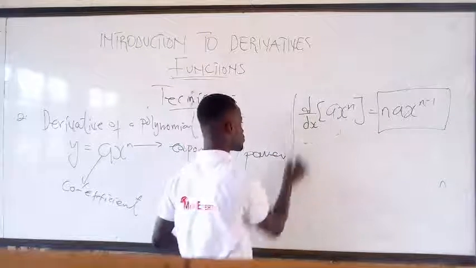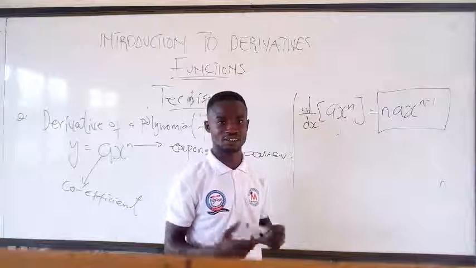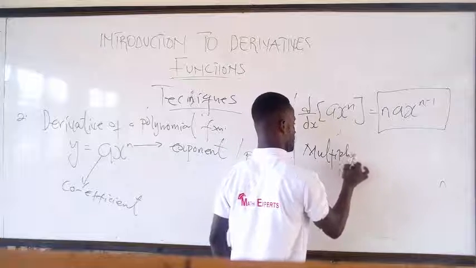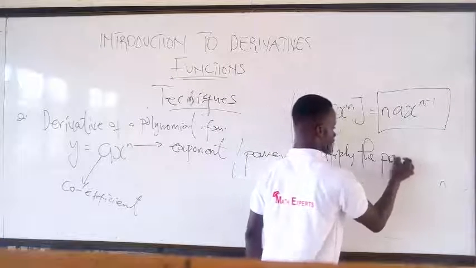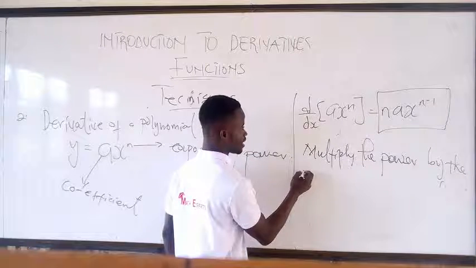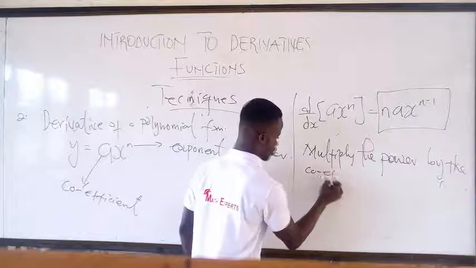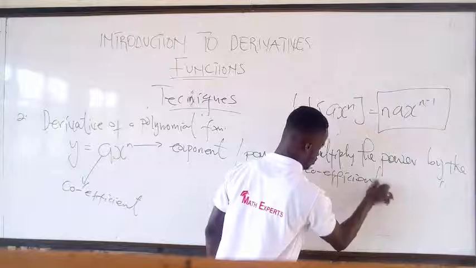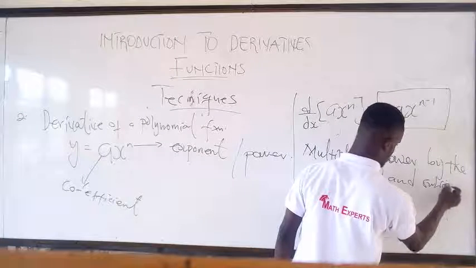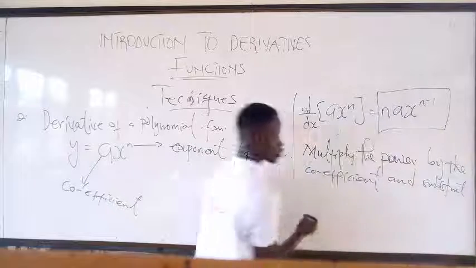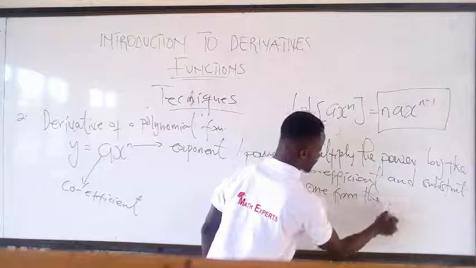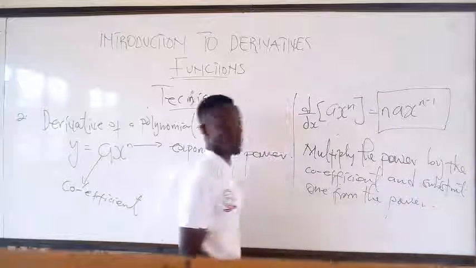So you can write it in words so that it will help you to memorize it fast. Multiply the power by the coefficient and subtract 1 from the power.